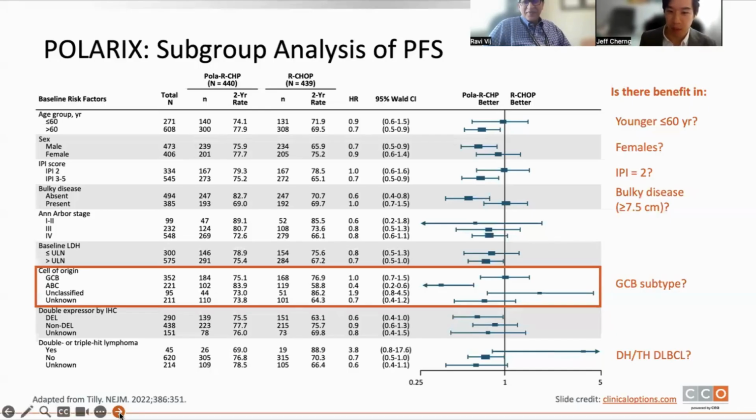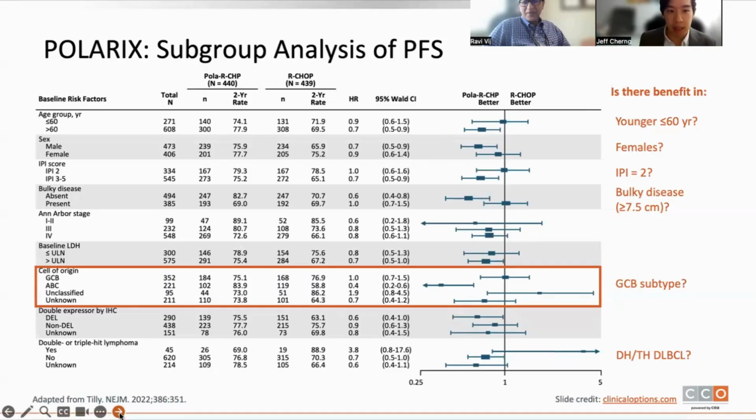It's sort of a problem and a curse as we start to have more and more sort of treatment options in the upfront setting. So what proportion are GCB and what proportion are non-GCB?